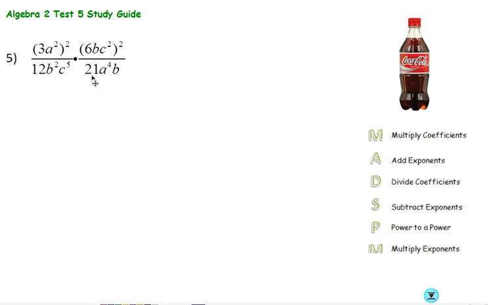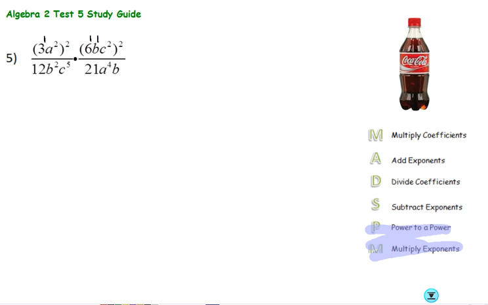Now, I say right away, but we do have one thing to do, and you see that our MADSPM is back: if you have a power to a power, you have to multiply those exponents first. Right, so you see I've got an exponent there and an exponent there. So I've got some distributing to do first before we can start cross-canceling.